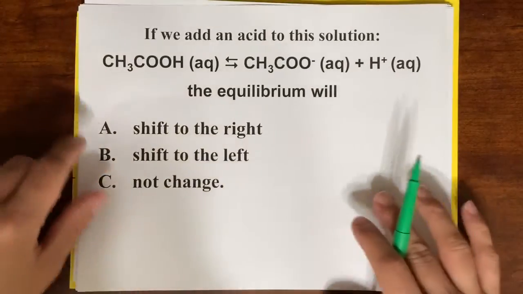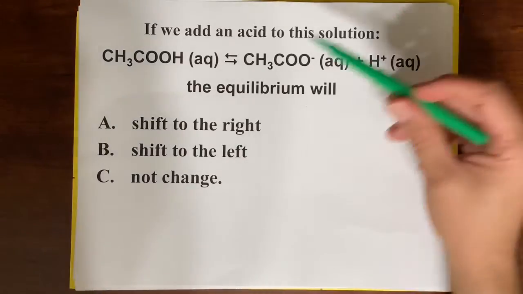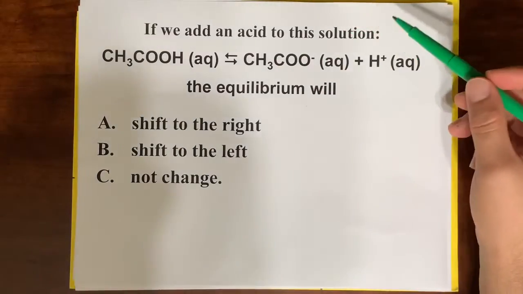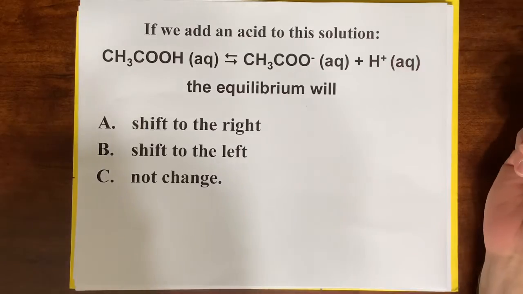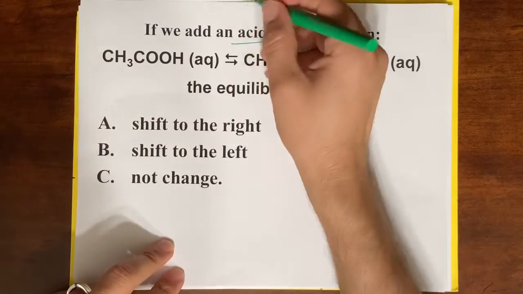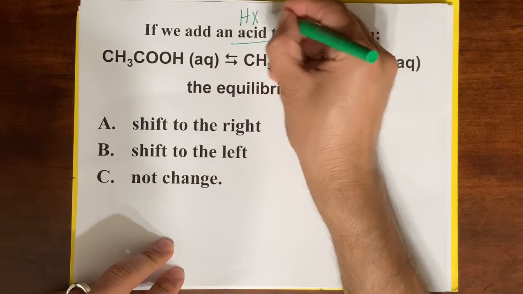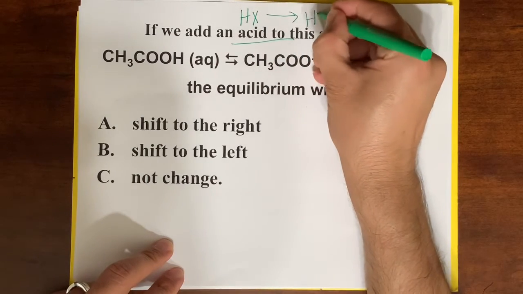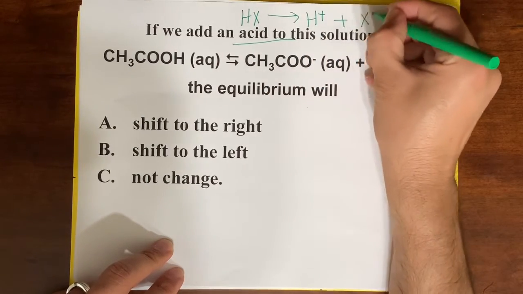Let's go through the common ion effect. It says if you add an acid to this solution, what will happen? Because you're adding an acid like HX, it will generate H plus and X minus.